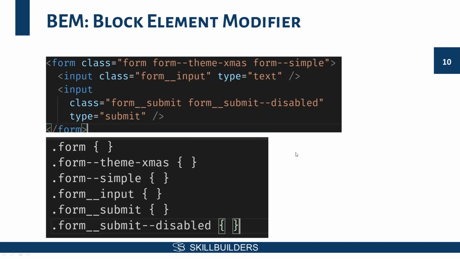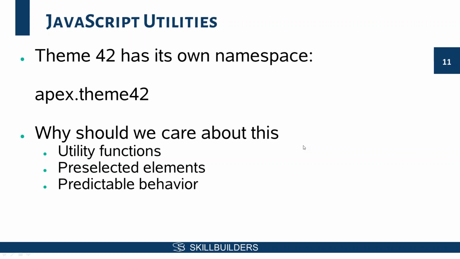And there's an example, but we already looked at that. So now we're going to take a look at some JavaScript utilities and some things that are just kind of helpful. The first thing that I like to point out is that Apex has a specific module for theme 42.